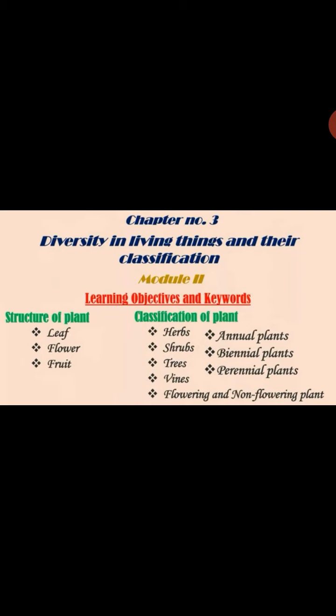Okay students? And also classification of plants. In structures of plants, we will learn more detail about leaves and fruits. And in classification of plants, we will learn the shape, height and lifespan of a plant. Okay, students? So let's begin our part 2.